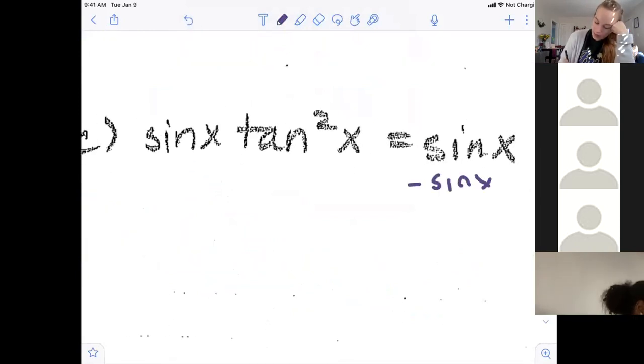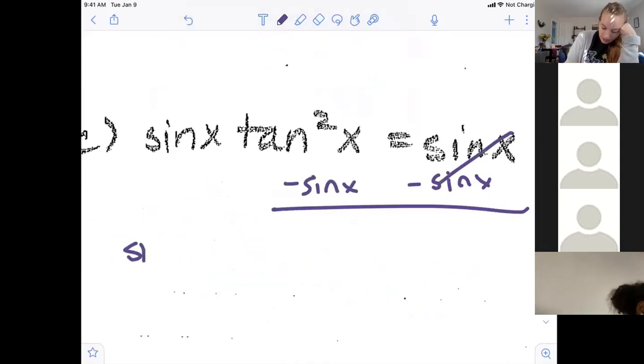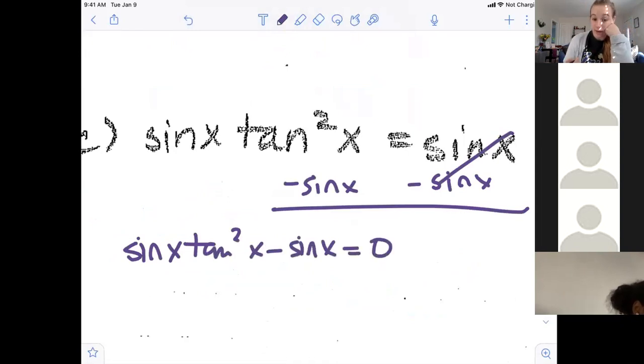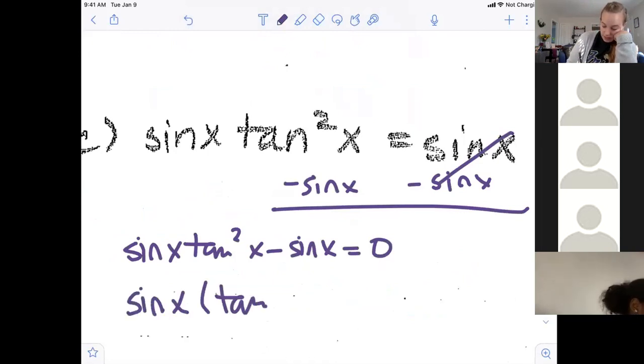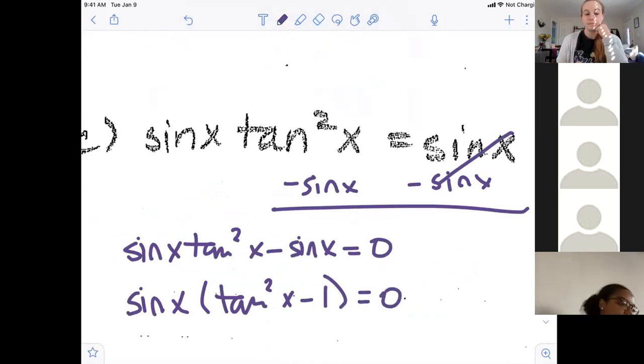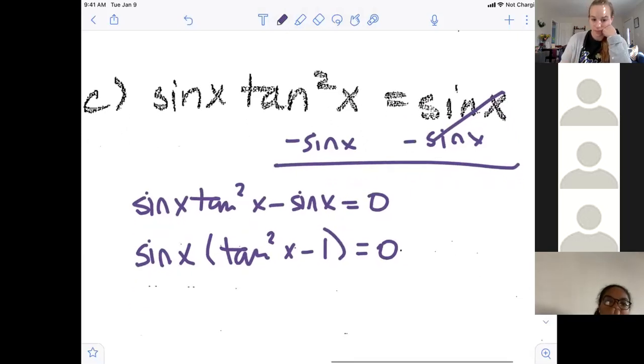Move everything to one side, and I'm going to factor out any common factors. I've got sine x tan squared x minus sine x equals 0. I have a sine in both of these, so I'm going to factor that out. Sine x, and I get tan squared x minus 1 equals 0. I've got to set each of these equal to 0.